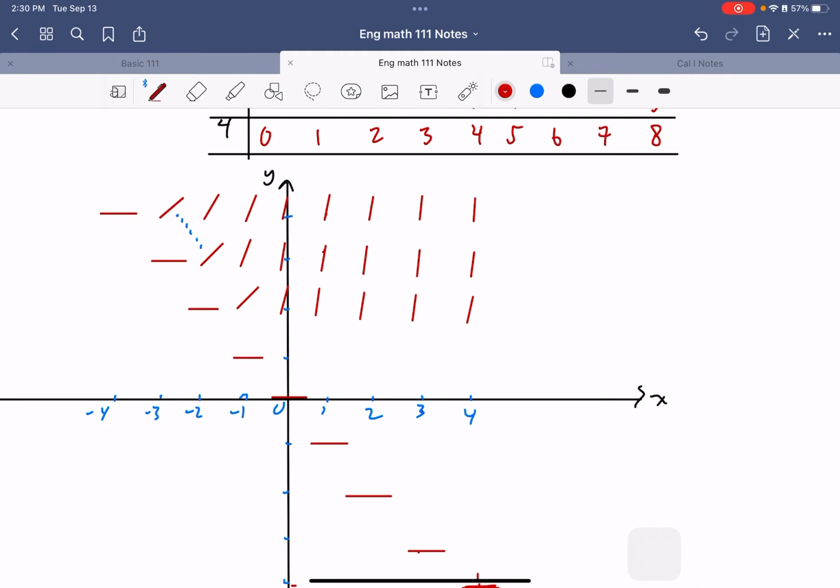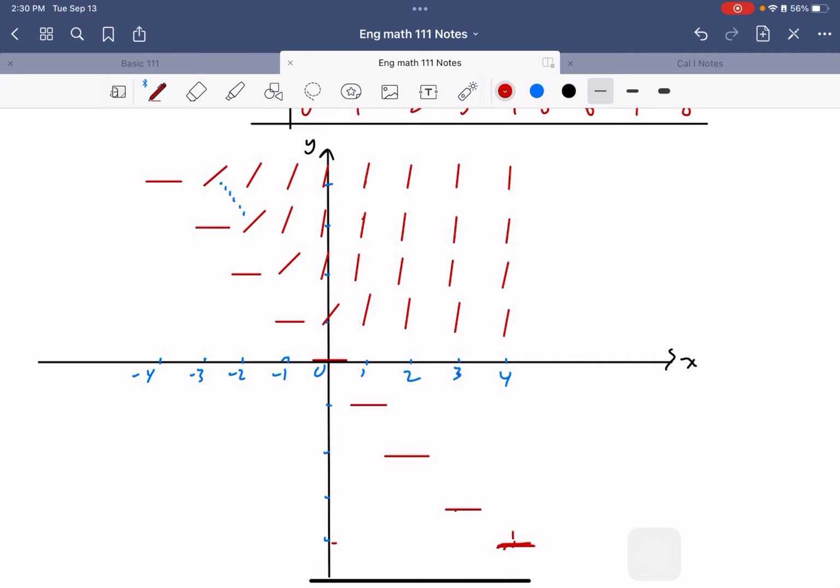And then do all the things for the one here. Let me just make it clear.